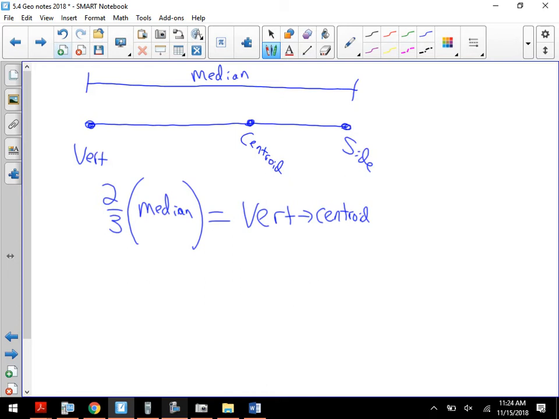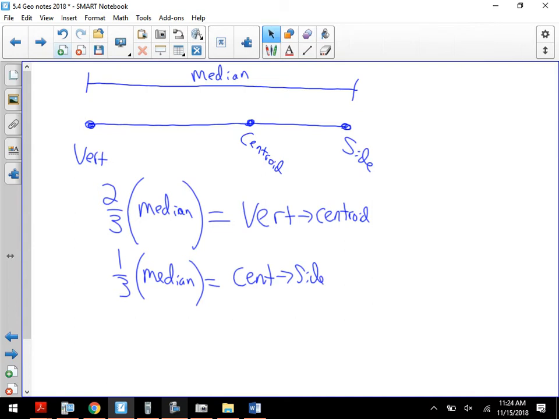Which means how much is left for the other segment? 1/3. 1/3 the median is centroid to side. Now, a lot of times people go, oh, what?